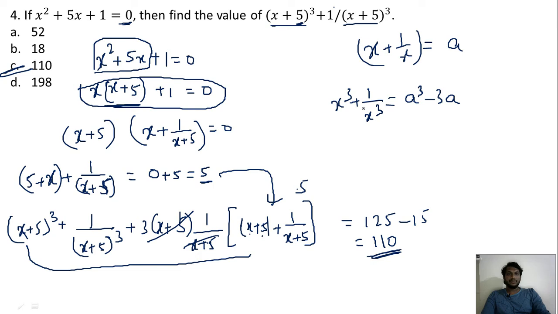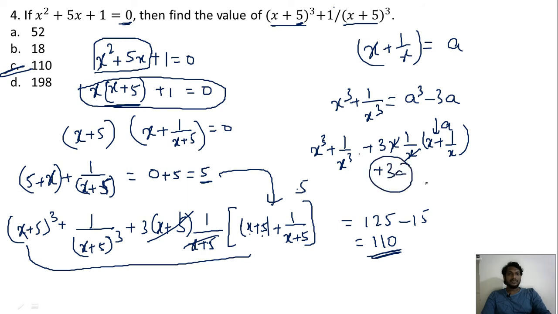We can prove this simply because x plus 1 by x whole cube value will be x cube plus 1 by x cube plus 3 into x into 1 by x into x plus 1 by x. See, the value of this is a and here x and x gets cancelled and we are left with x cube plus 1 by x cube plus 3a.